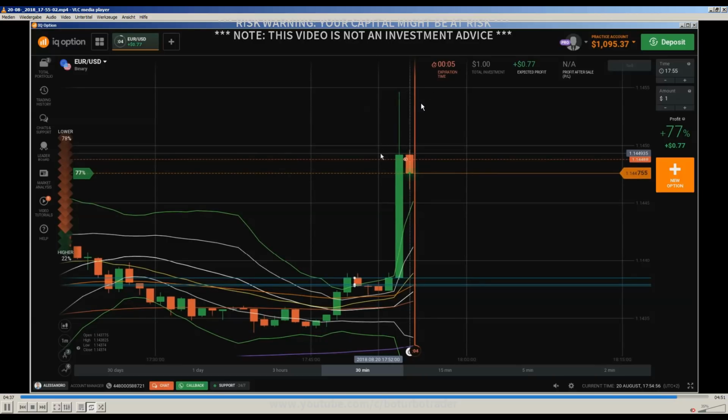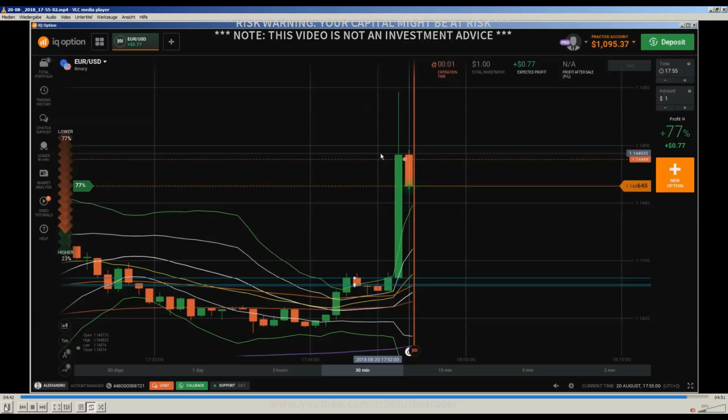This wick here talks like many books. Let me show you this. This wick of this huge bullish candle was giving a hint that there will be selling pressure. If you applied some kind of Fibonacci level here, you would see that this area is around the 261.8 Fibonacci level.